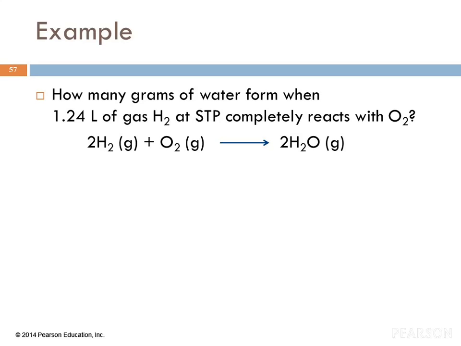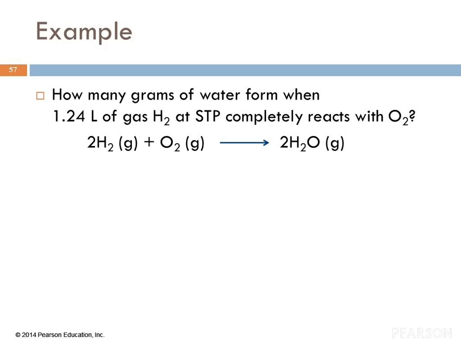How many grams of water form when 1.24 liters of gas H2 at STP completely reacts with oxygen? So we're going to treat these problems like stoichiometry problems because that's what they are.